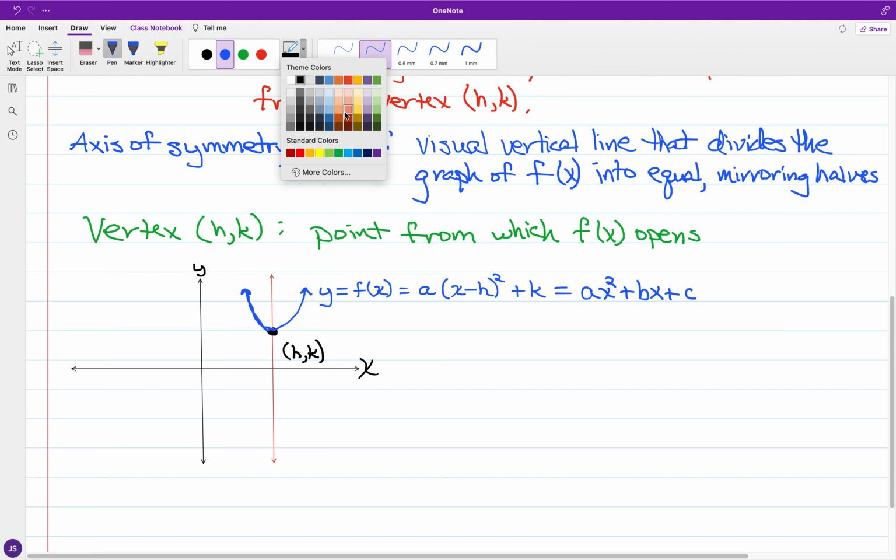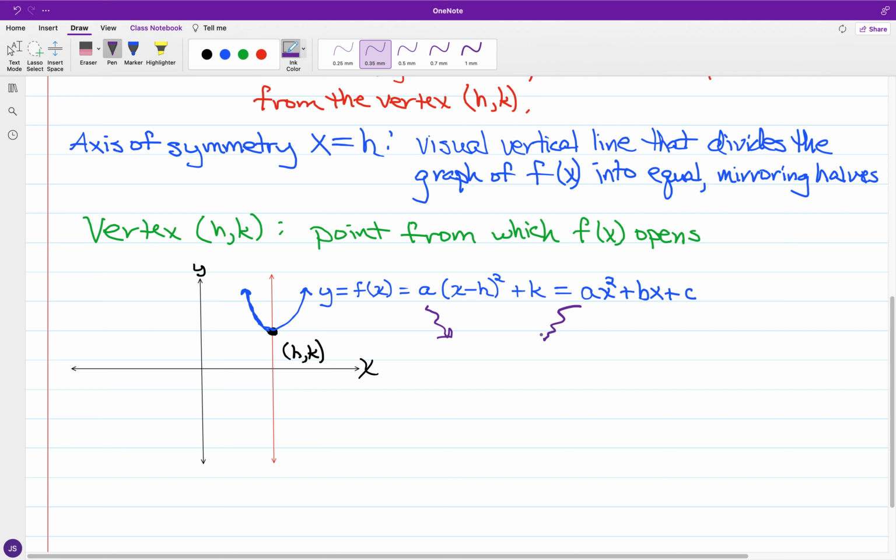And for what we have in this particular layout, with the coefficient a, again, a is positive. And how do I know it's positive? Well, because of the graph, it is opening up from the vertex.